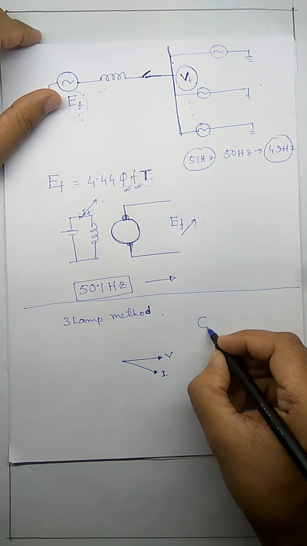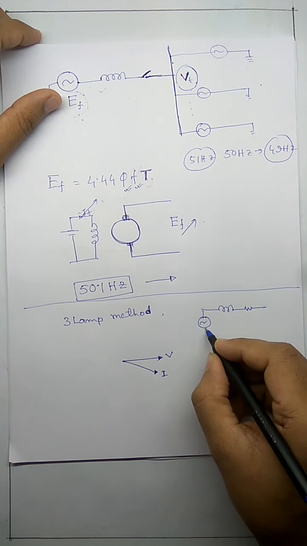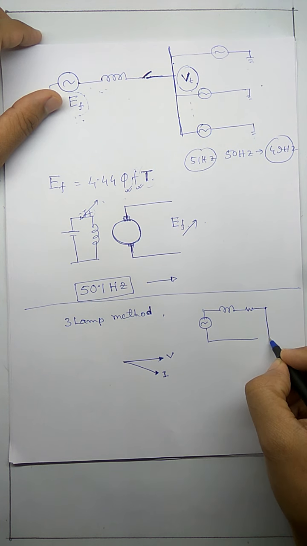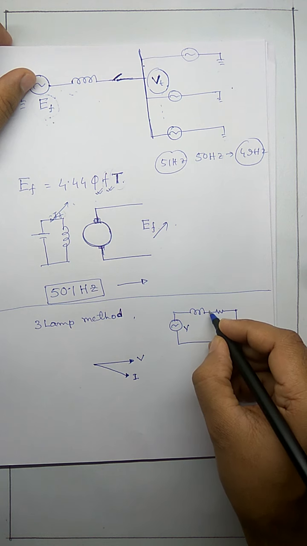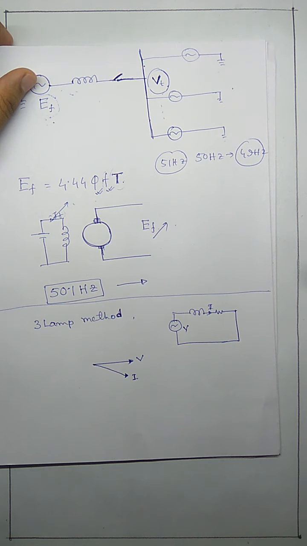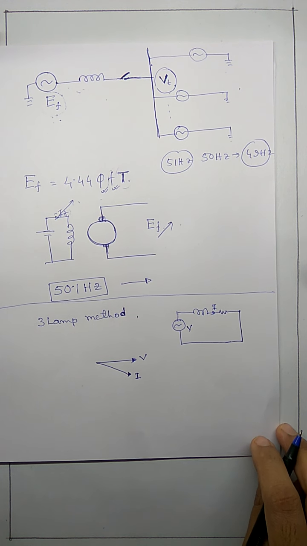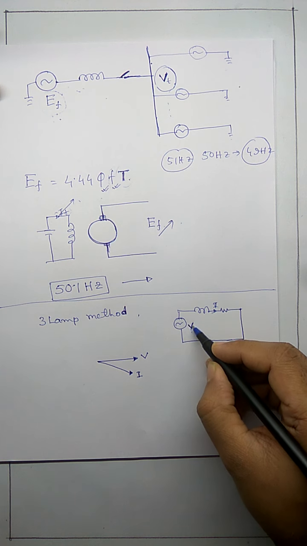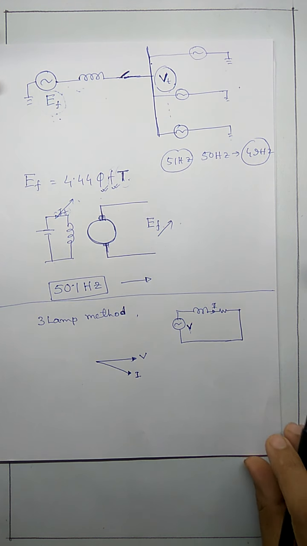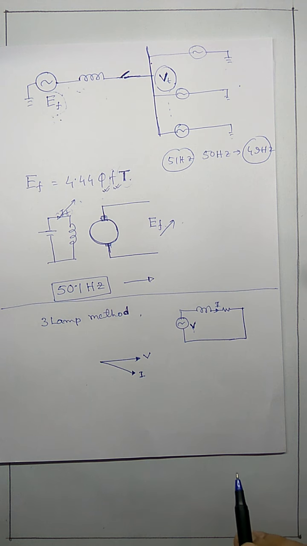That is, we have an AC source like this, we draw a circuit like this. Say this is my V and this is my I, and we draw a phasor diagram like this. The reason we can draw a phasor diagram is that both of them are at the same frequency. If this is at 50 Hertz, this will also be at 50 Hertz.